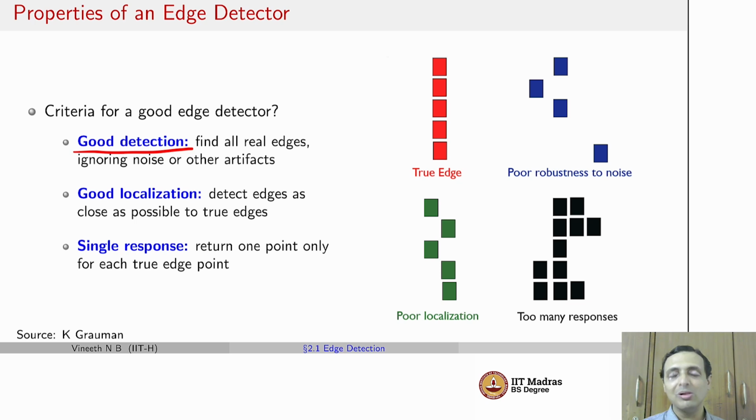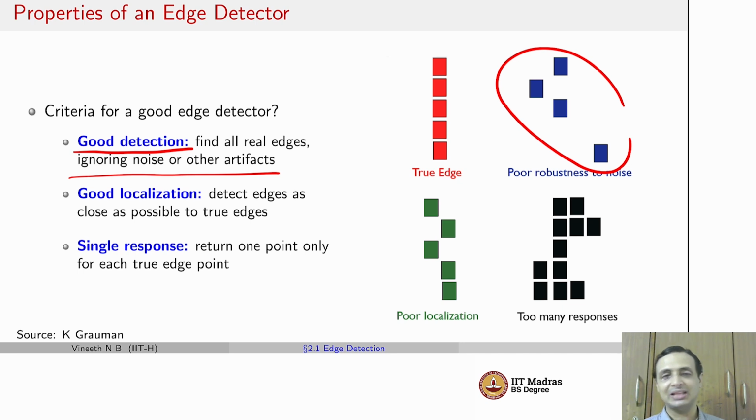It should find all the real edges in the image and ignore noise or other artifacts. If there's an edge in the image, it should detect it. That's what good detection is, what we're looking for from a method for edge detection. Remember that if you don't have good detection, you're going to look at all noise points in the image and keep detecting them as edges. You don't want to do that. That's one property that you want.